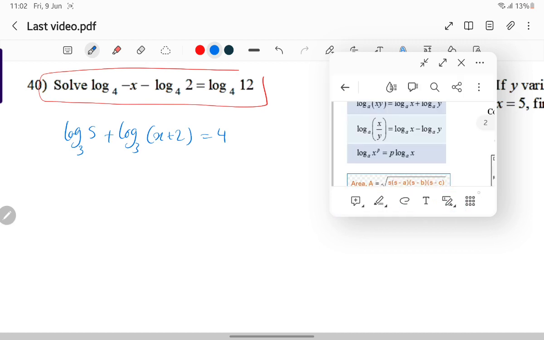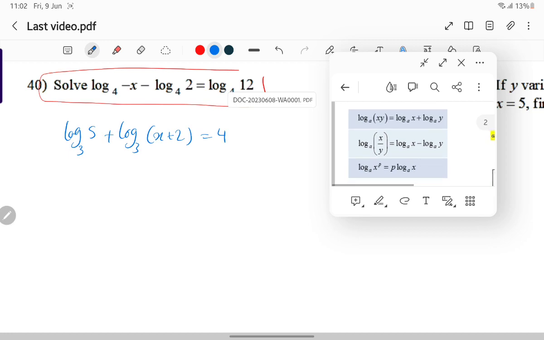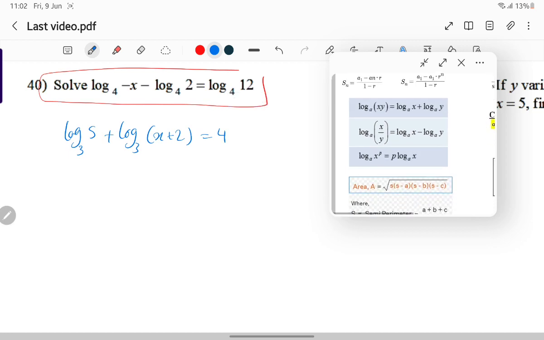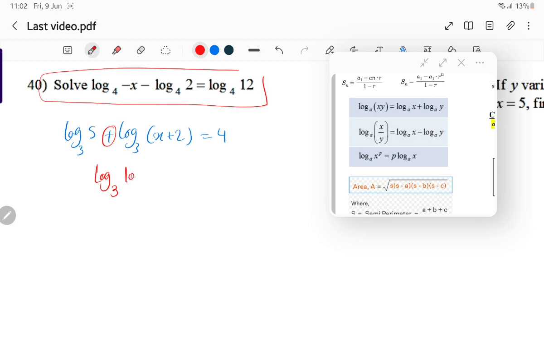The problem is that you have two logs, you can combine the two logs by the addition property. It goes back to multiplication with the same base, and this is 5 multiplied by x plus 2, because we can go back with addition to multiplication. One log of 5 multiplied by x plus 2.